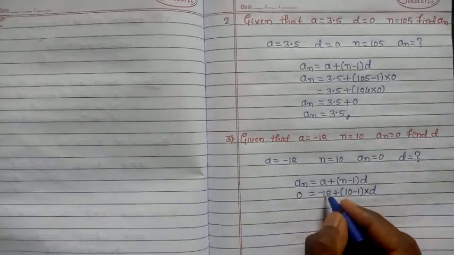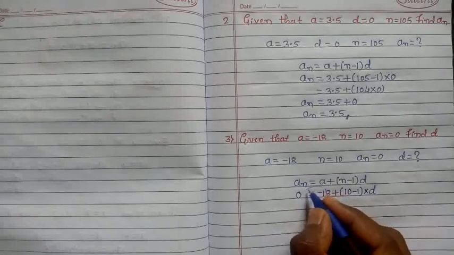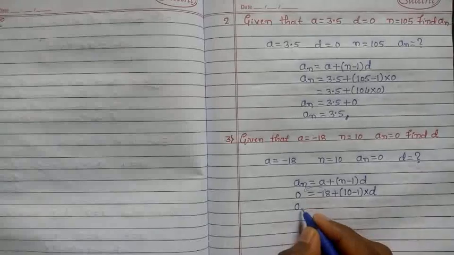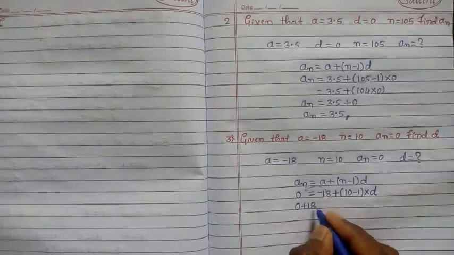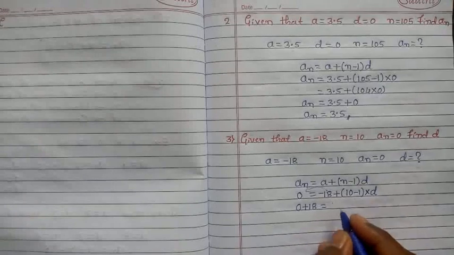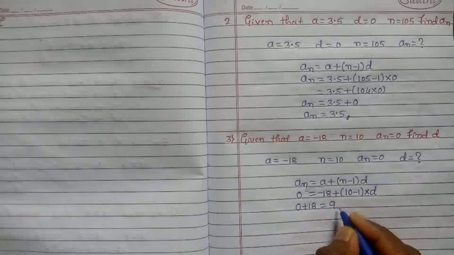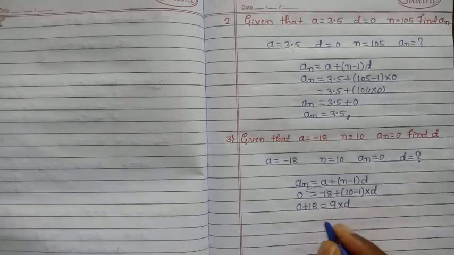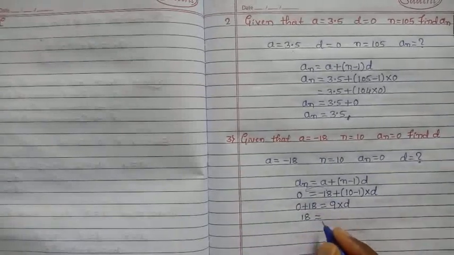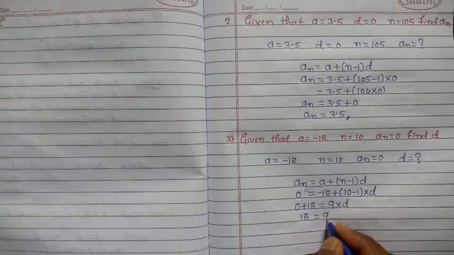Next, send minus 18 to this side, minus 18 becomes plus 18. 0 plus 18 is equal to 10 minus 1, and 10 minus 1 is 9, into d. 0 plus 18 is 18, equal to 9 into d.